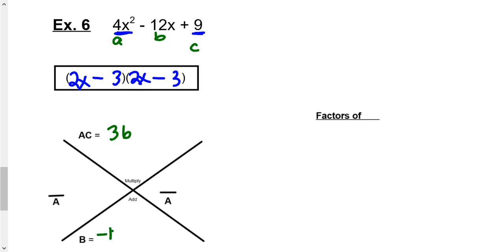Remember, the sign in front of it goes with it. All right, now we're going to find the factors of whatever AC is. So we're going to find the factors of positive 36. Now, again, because the C is positive and the B is negative, that means both your factors must be negative numbers.